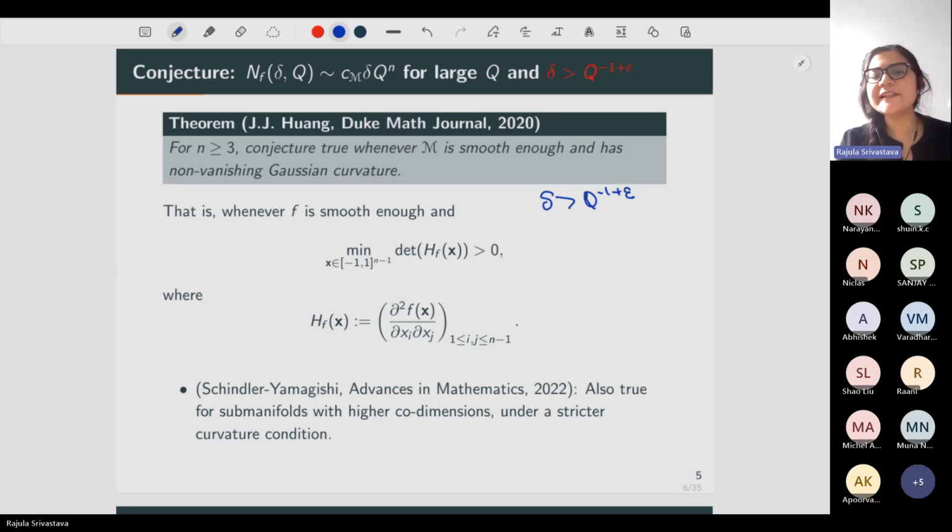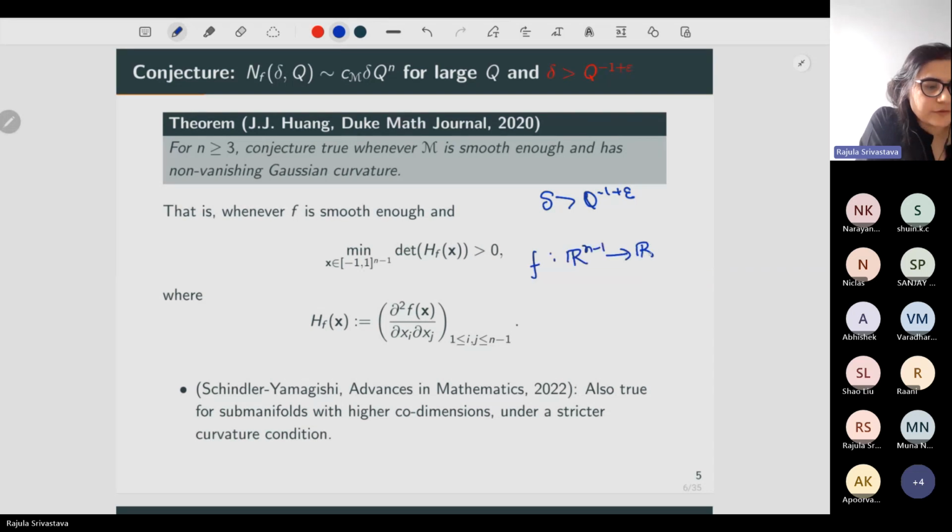So what would it mean in terms of the parameterization that we looked at in the beginning? Remember, our hypersurface is parameterized by this function f, which is a function from R^(n-1) to R. Non-vanishing Gaussian curvature would mean, in terms of this function, that if you look at the matrix of double derivatives of this function, which is the Hessian, an (n-1)-dimensional matrix, the determinant of this matrix is uniformly bounded below on your domain.